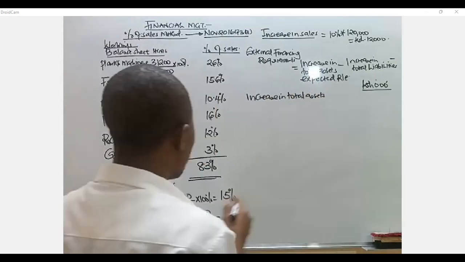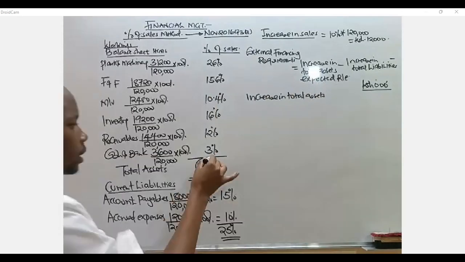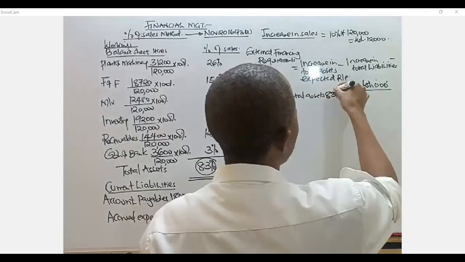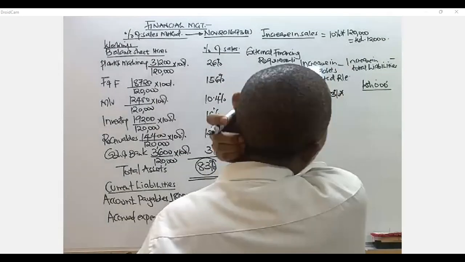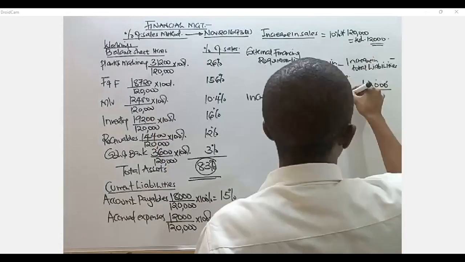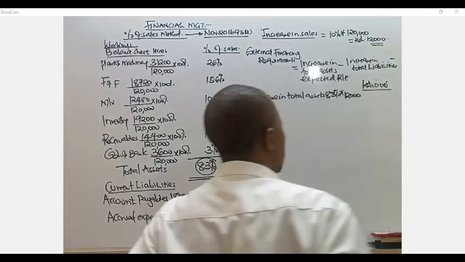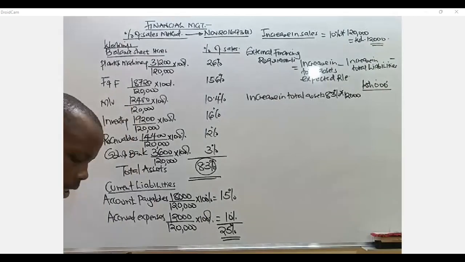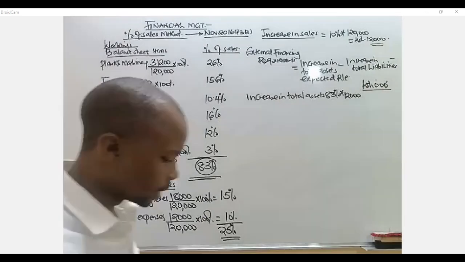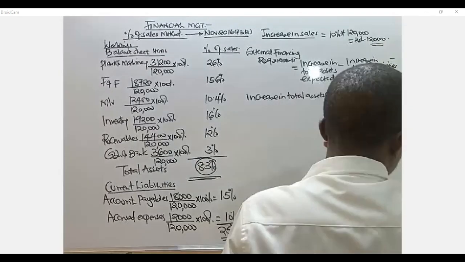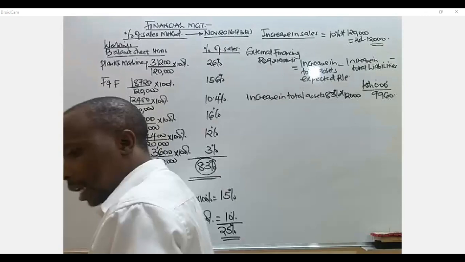I take the proportion for my total assets, which is 83%, then multiply by the increase in sales, which we have computed here as 12,000. What is the increase in total assets? I take 0.83 times 12,000, getting 9,960.